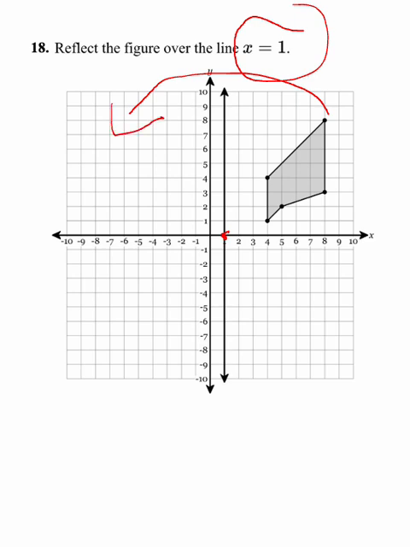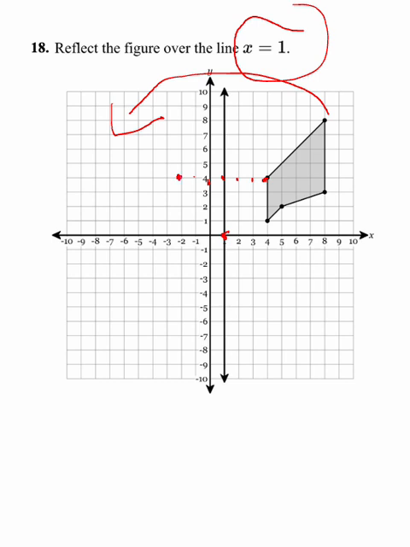So we've got to count the distance between the line and the points. So I'm going to start at 1 point, and I'm going to count 1, 2, 3. So it takes me 3 units to get to that line. So I'm going to count to the left 3 times. 1, 2, 3. So this is where that point moves to.